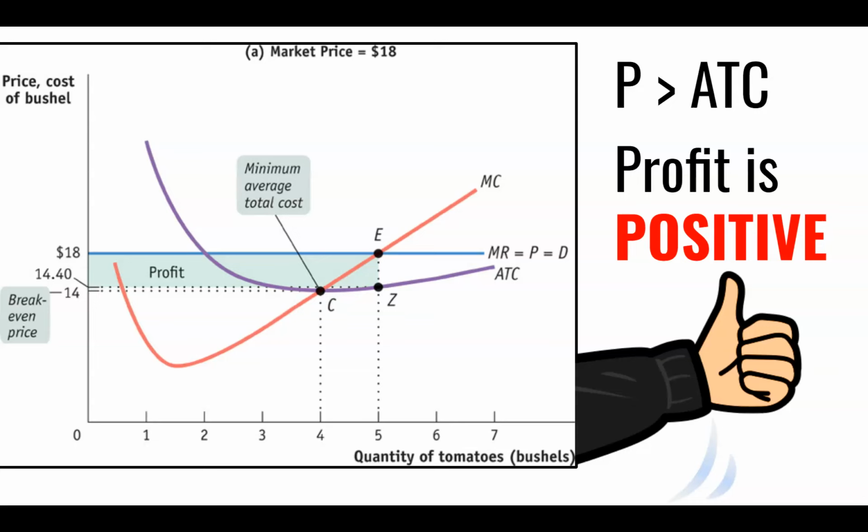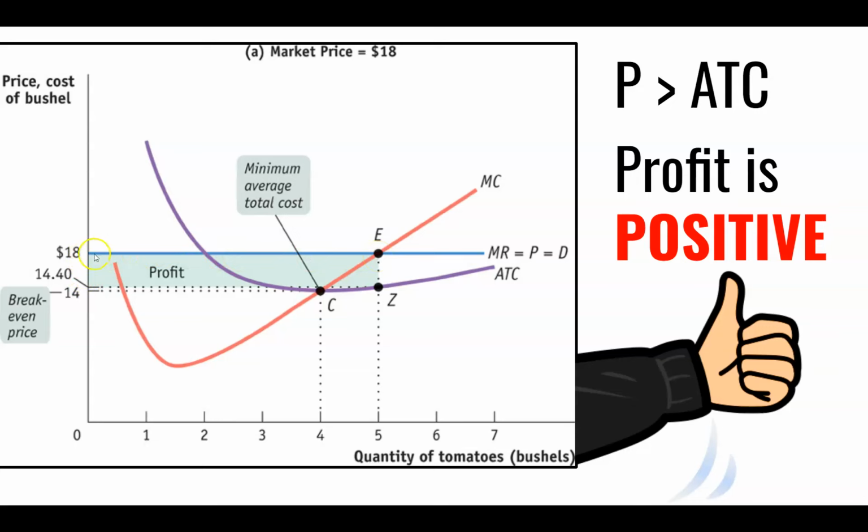How much more? $3.60 more than the average total cost. So there's that vertical distance right here. And so total profit is this vertical distance, the profit per unit, times the number of units that we sold, and that gives us our total profit.